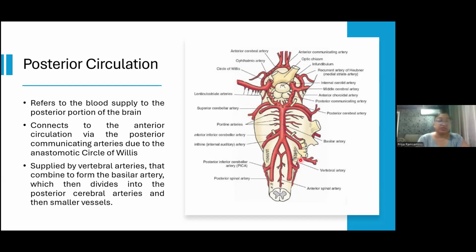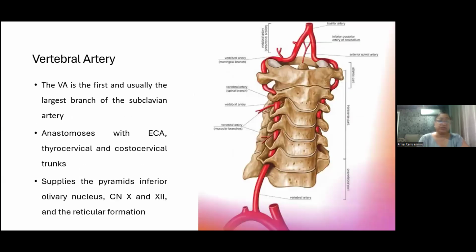That would include the posterior inferior cerebellar artery, PICA, and that's very, very important, and we will dedicate some time to that. The anterior inferior cerebellar artery, the pontine branches that you see here, as well as the superior cerebellar artery.